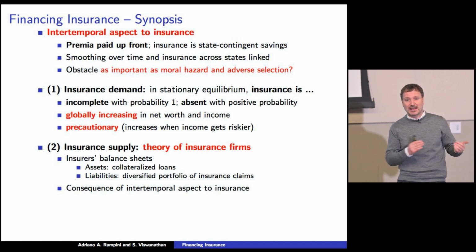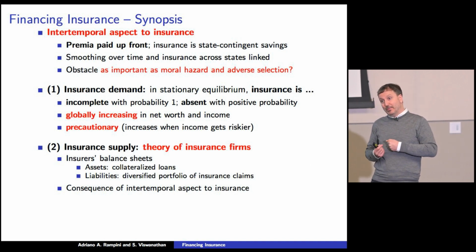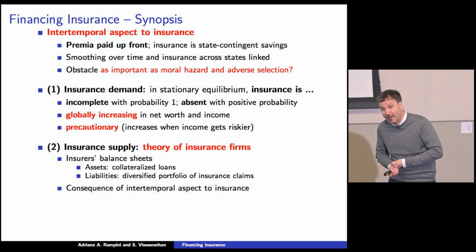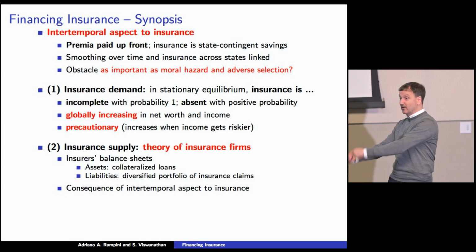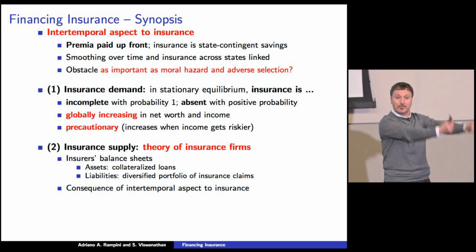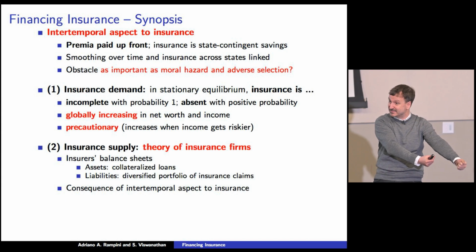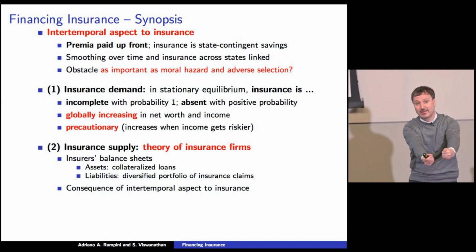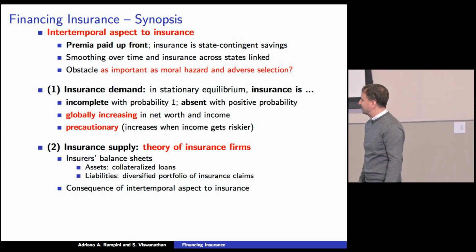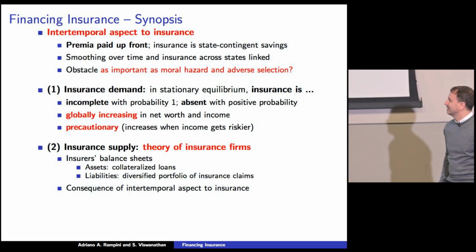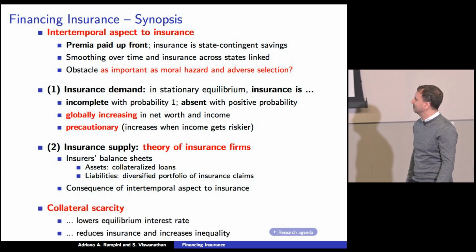Essentially, this is the other side of the coin that people pay the premium for insurance up front. That means that the insurance company collects the premium up front, puts it into collateralized assets, mortgages, which then back their insurance promises the next period. So again, a step in the direction of providing a theory of the insurance firm.